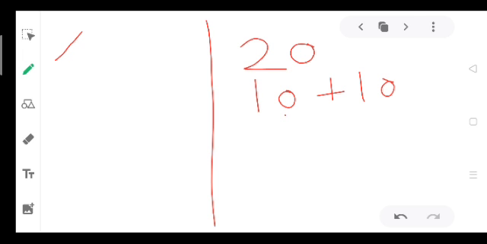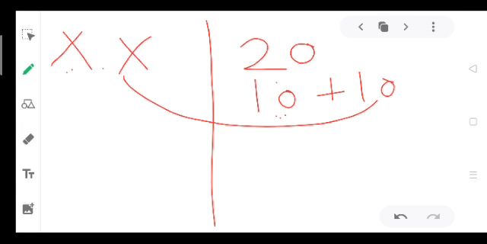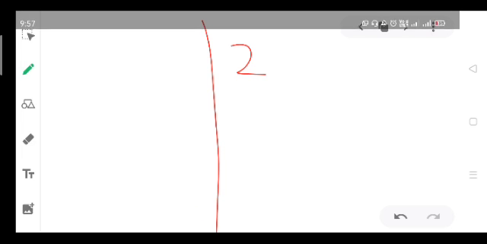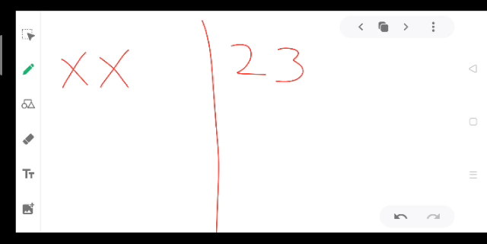We have the symbol for 10, X, and for this 10, X. So for 20 we will write XX. 21, XX, 20 and I. 22, firstly 20, 10 and 10, 20, then I. 23, 20, then X and 3 times I.